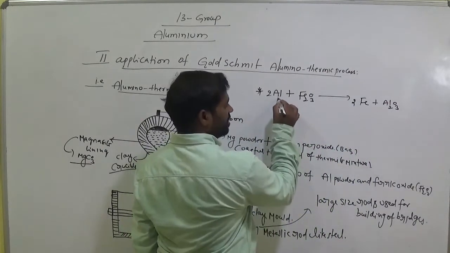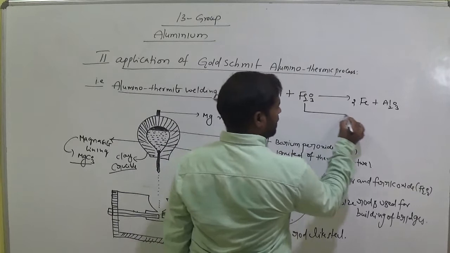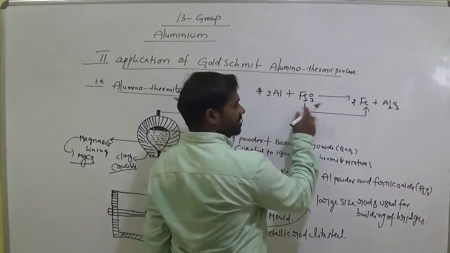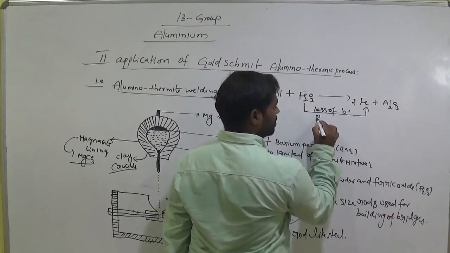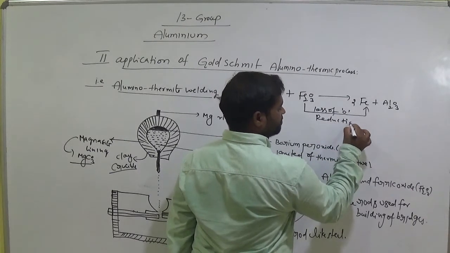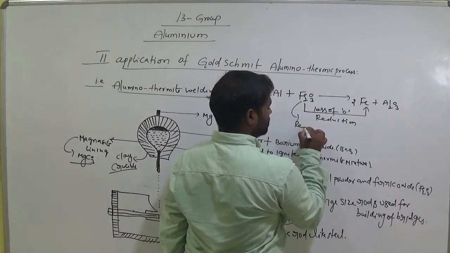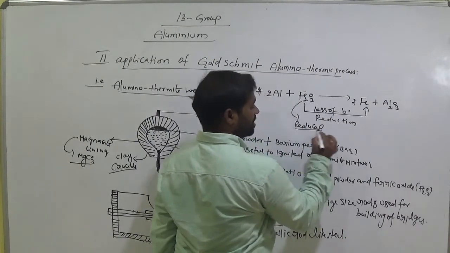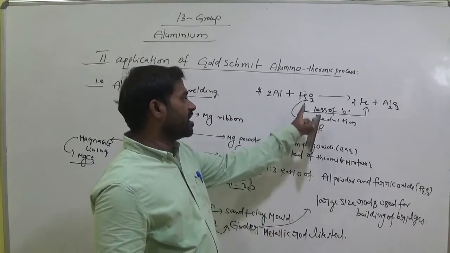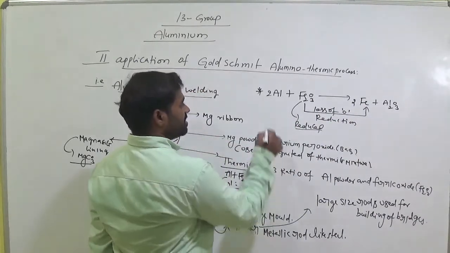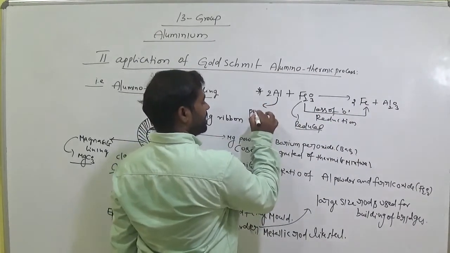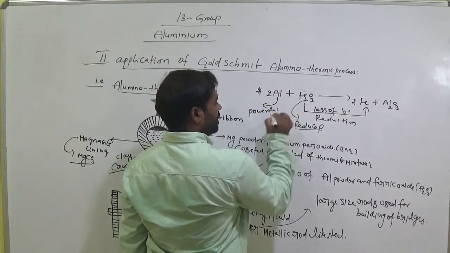Here the iron oxide becomes Fe, from here to here loss of oxygen takes place. Loss of oxygen is called reduction. So the iron oxide loses oxygen and becomes iron. This is a powerful reducing agent.